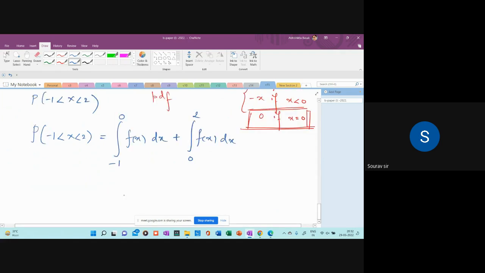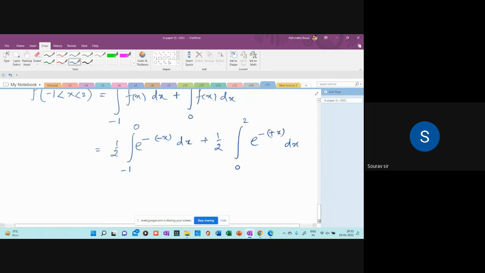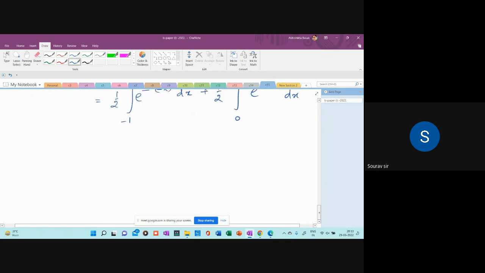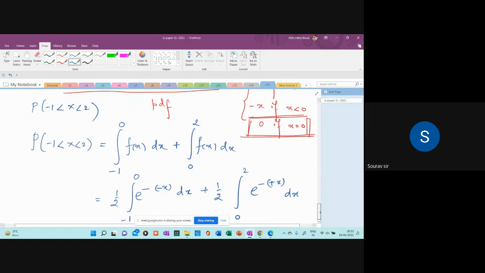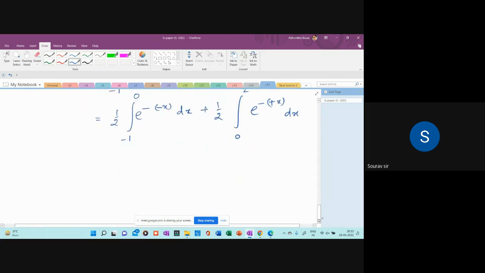In the negative portion it will be half, f(x) will be e to the power minus of minus x dx, and in the positive portion it will be 0 to 2 e to the power minus of plus x dx. I have deliberately written plus x just for your understanding. In the exam you can directly do the plus-minus multiplication and write it.